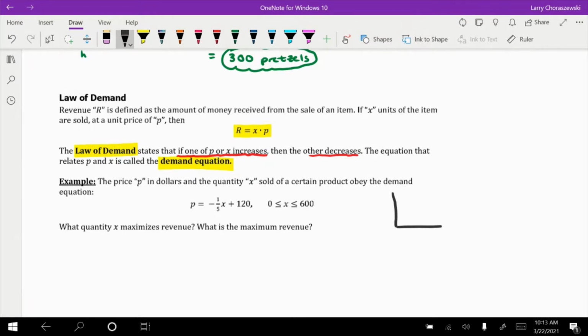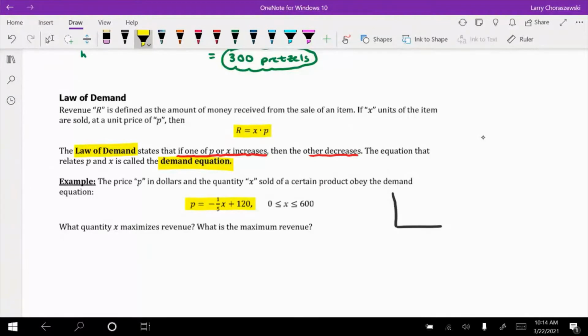I'm going to use the equation given in this example to help me with this illustration. It says that the price P in dollars and quantity X sold of a certain product obey the demand equation, which is given by this: P equals -1/5 X plus 120.